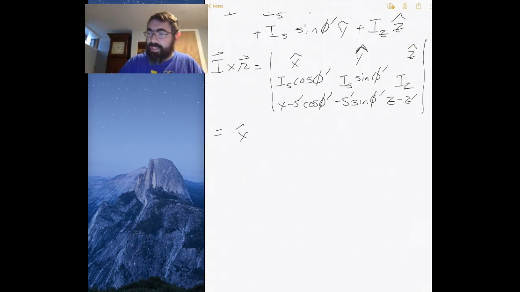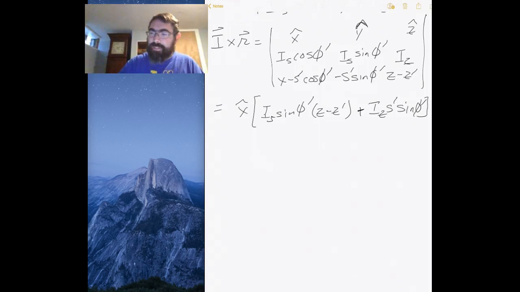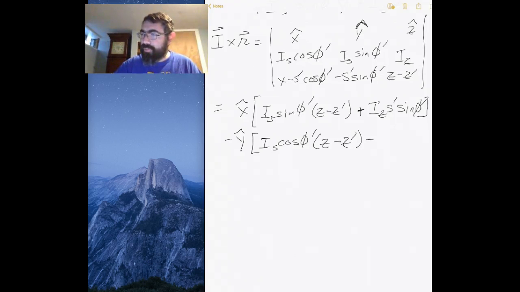Well, in the x direction, we would have i_s sine phi prime times z minus z prime, minus a, so plus i_z s prime sine phi prime, so that's the x component, minus the y component, which would be i_s cosine phi prime times z minus z prime, minus i_z x minus s prime cosine phi prime, like that.